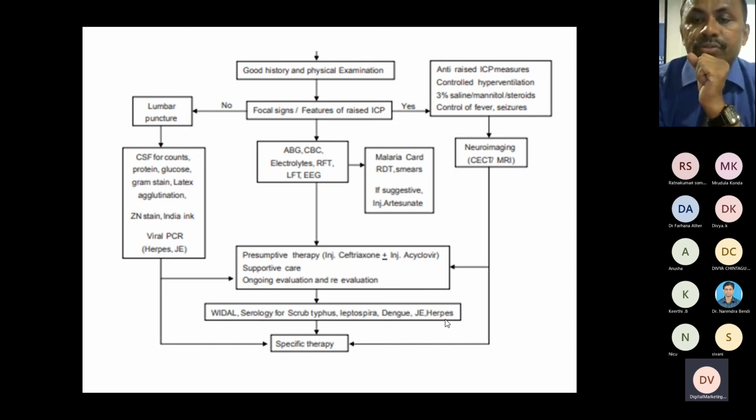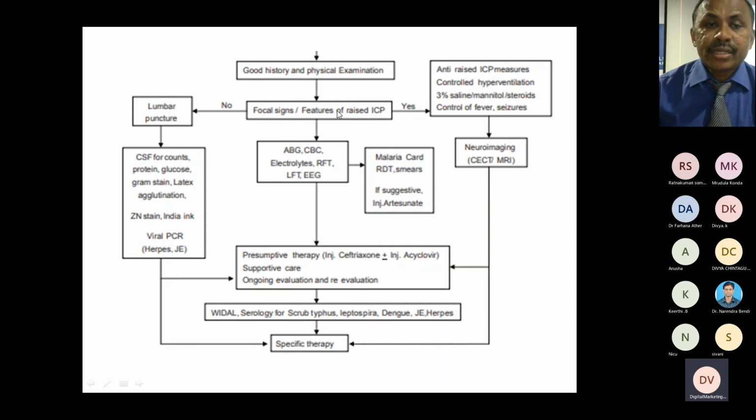And then you would also go for neuroimaging, contrast enhanced CT or MRI, based on the patient's readiness for MRI, or if you are able to maintain the patient in the MRI scanner. And then if there are no focal signs of neurological deficits or any features of raised intracranial pressure, you would consider a lumbar puncture so that you can take some fluid out and use that CSF for diagnostic purposes.